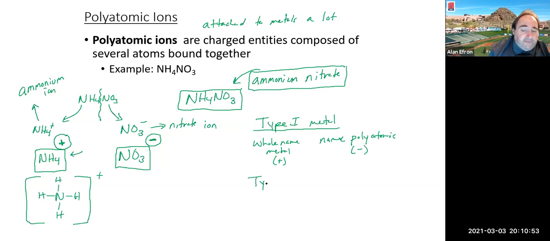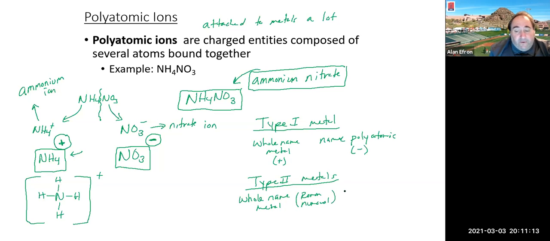If we had a type 2 metal, like we were talking about earlier, our transition metals and such, we would do the same thing as we did earlier. We would use the whole name of the metal. We would also use a Roman numeral to indicate the charge on the metal, and we would use the whole name of the polyatomic ion.